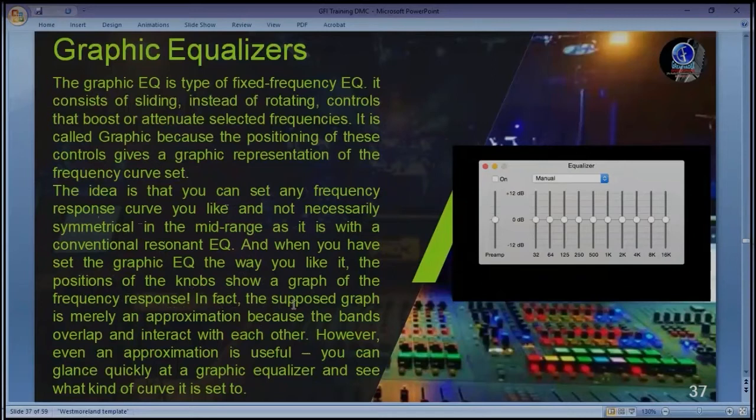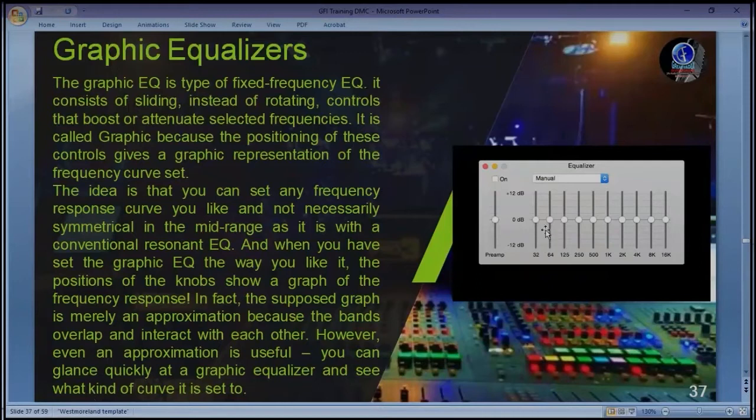In fact, the supposed graph is merely an approximation, because the bands overlap and interact with each other. However, even an approximation is useful. You can glance quickly at a graphic equalizer and see what kind of curve it is set to.